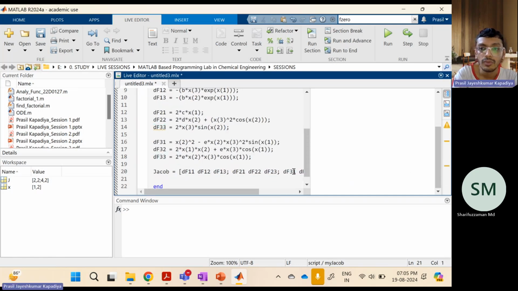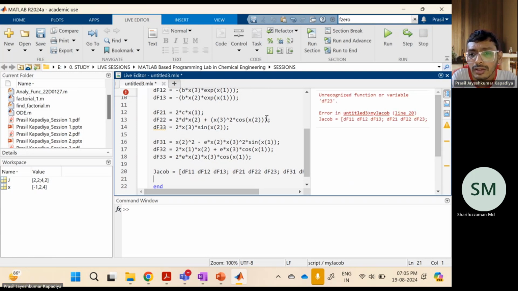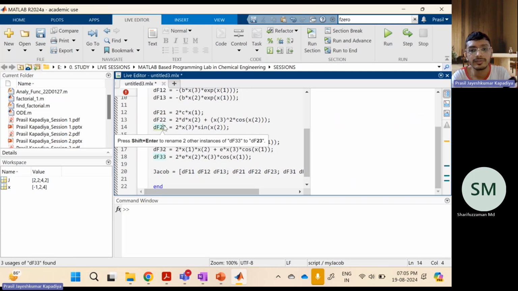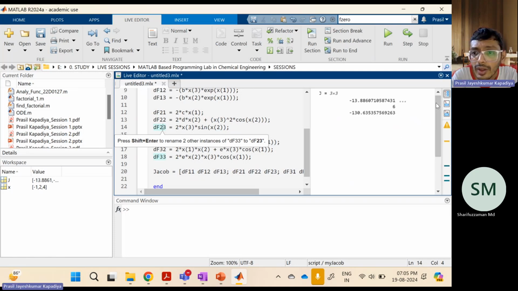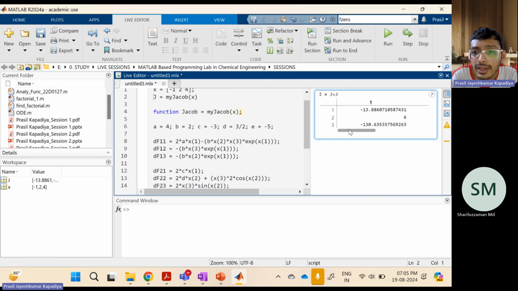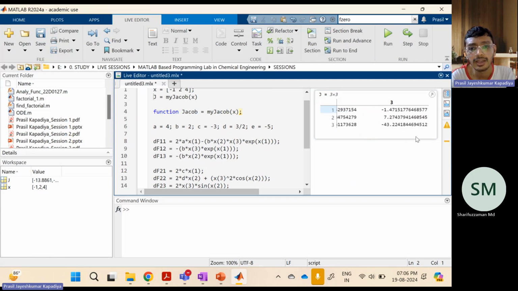Okay, so let's run it and see what we are getting. Are we getting any Jacobian matrix? df11, df12. Okay, here it should be 2, 3. Yes, I am getting a Jacobian 3 cross 3 matrix like this.